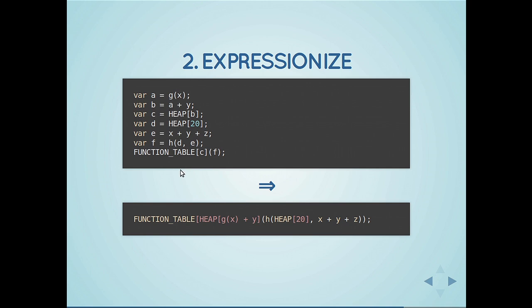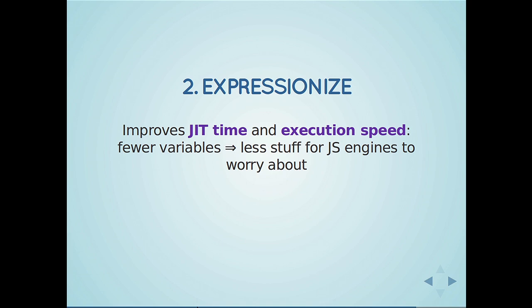It's an unneeded temporary variable. The same is true for, in fact, all these variables. What the expressionize pass does is unfold that into this complex expression as you see here. Of course, this is not always possible to do because you need to make sure there are no side effects, and you need to respect the order of operations because you're moving code around. So that's tricky, but when it's possible, it can be good.